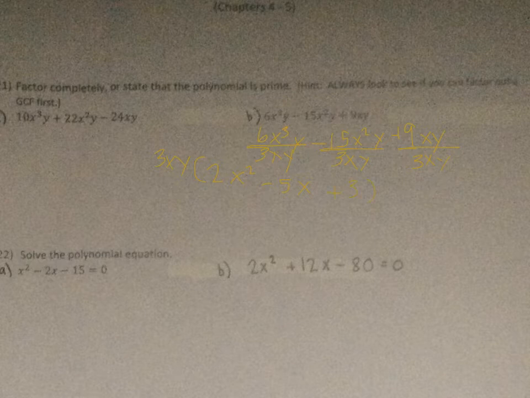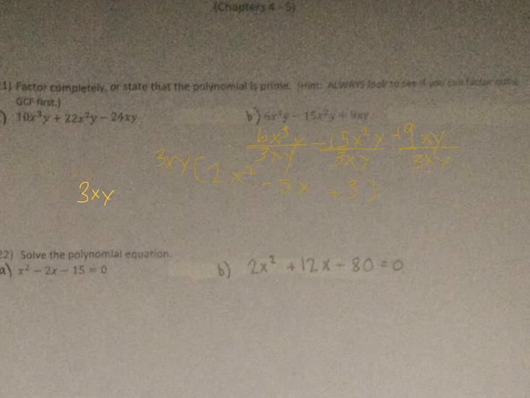So we factor out 3xy and we get the new trinomial of 2x squared minus 5x plus 3. Okay, so now we need to find the two factors that multiply to get 2x squared minus 5x plus 3.